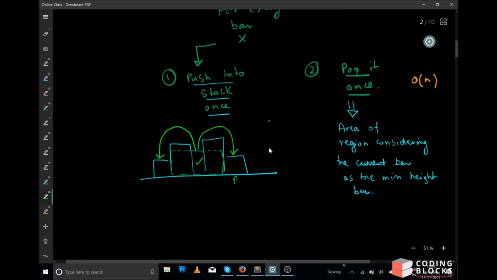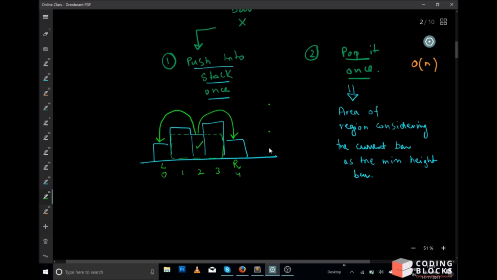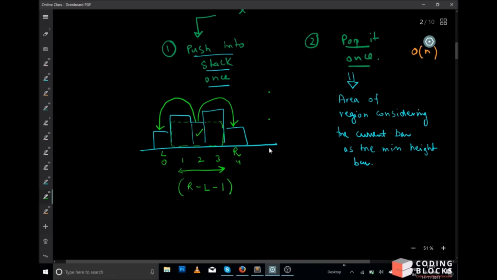So let's say this is the rightmost index, this is the leftmost index. Let's say numbering is 0 1 2 3 and 4, right? And I want to figure out the width of the region. So the width is nothing but r minus l minus 1. So this is the width of the region into the height of the minimum bar.